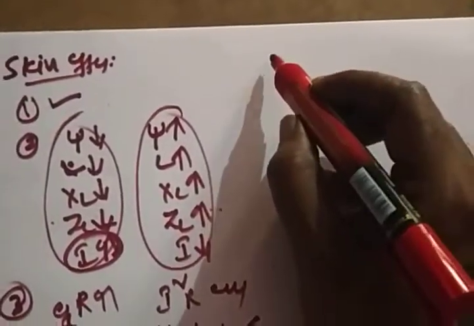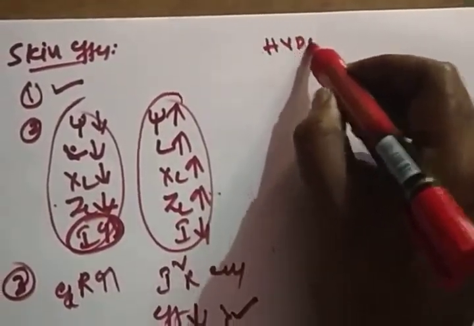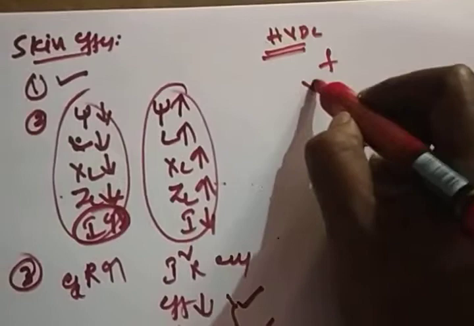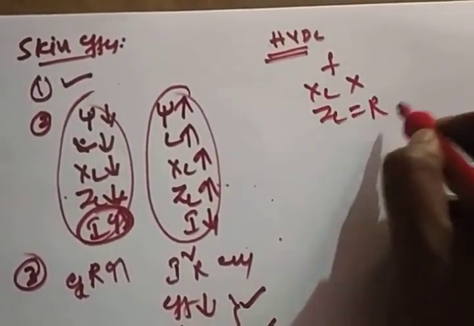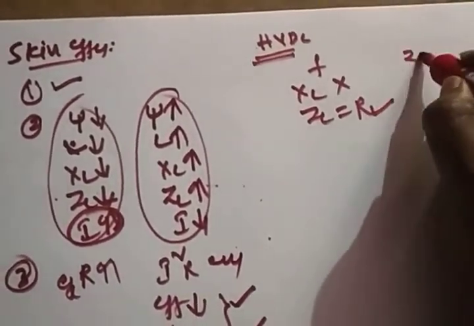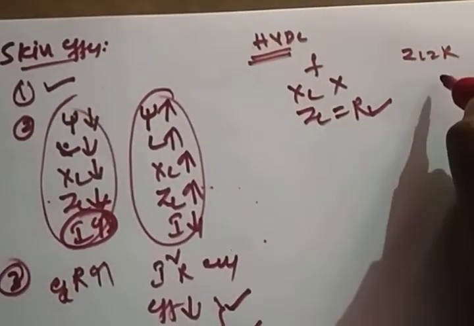And after that we discussed HVDC lines. We don't have any frequency, so there is no XL component. That means ZL is equal to R at the center and at the surface, so the resistance from the center to the surface is equal.